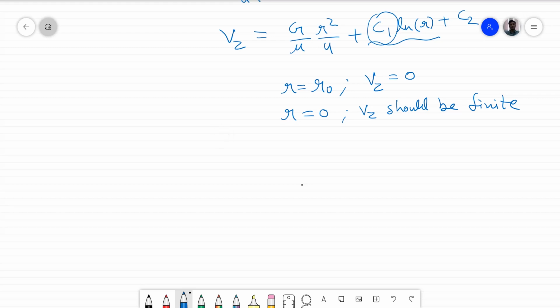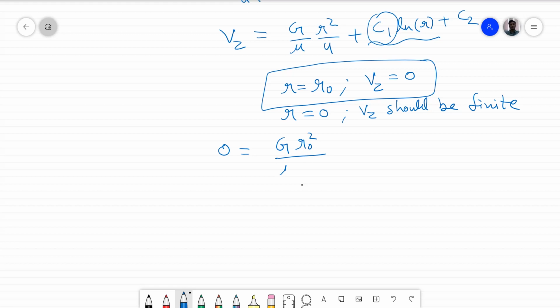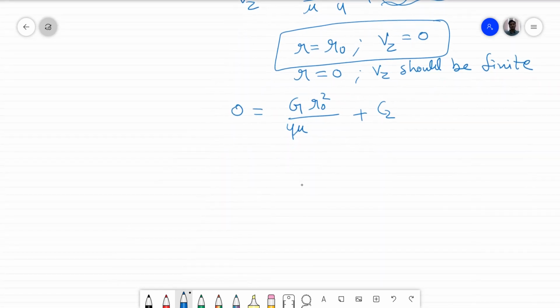Now to find out C2, we can just use this boundary condition here. So we'll say 0 equal to g r naught square by 4 mu plus C2, which gives C2 equal to minus g r naught square by 4 mu.